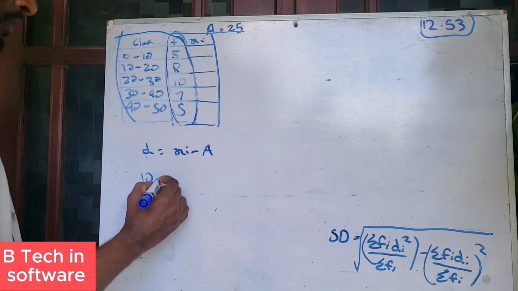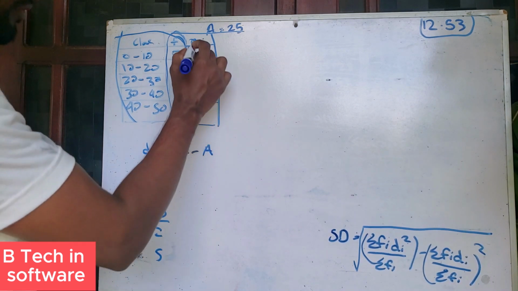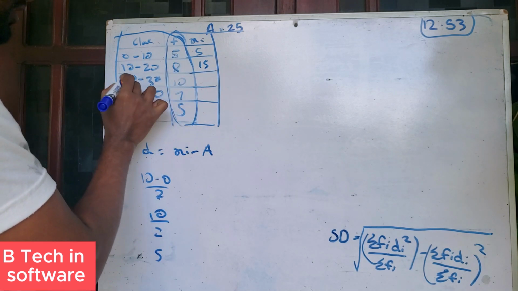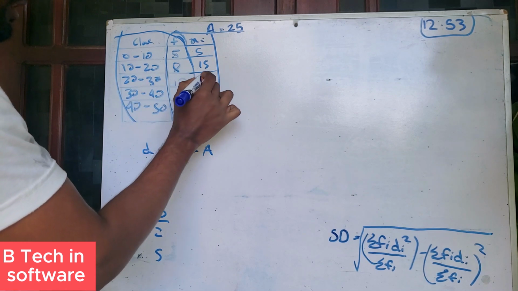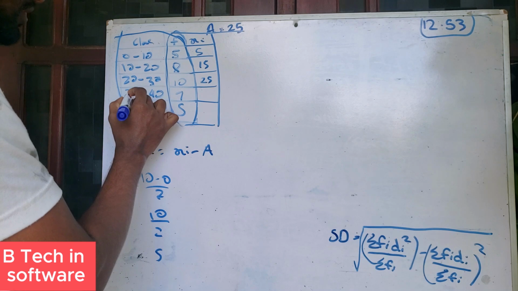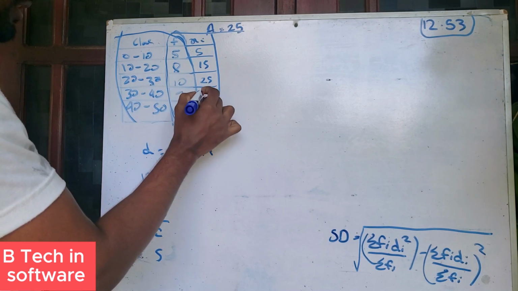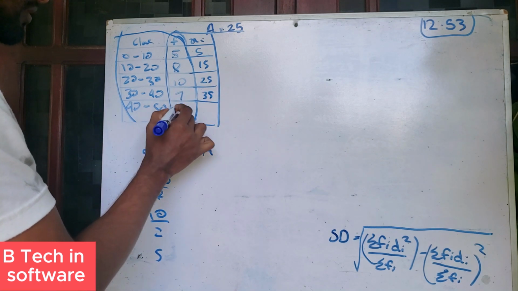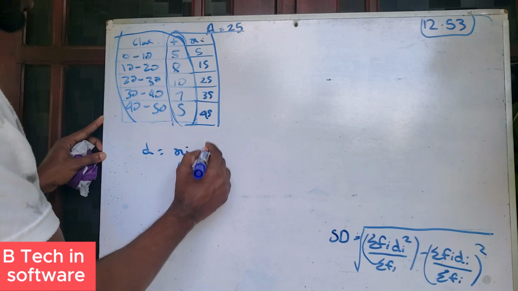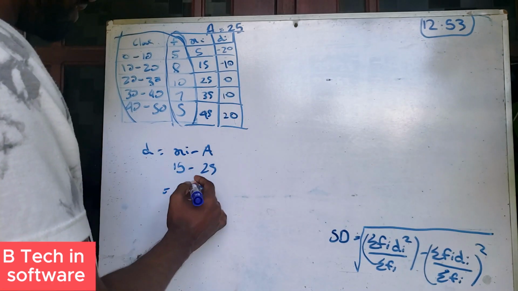10 plus 0 is 10, divided by 2 is 5. 30, 15. 30 plus 20 is 50, 50 divided by 2 is 25, and then 30 plus 40 is 70, 35, and this is 45. To find di, we take the xi column, 5 minus the assumed mean 25 is minus 20, and this is the value for di.